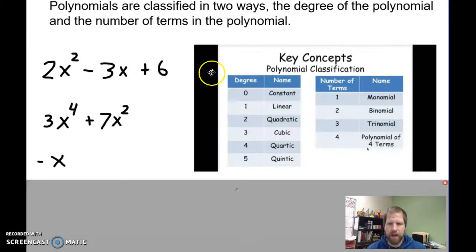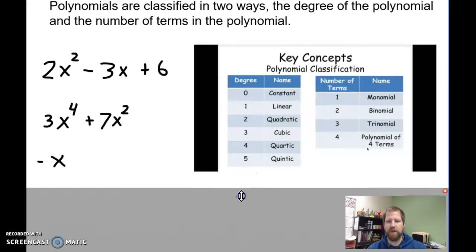Okay? And there is some different vocabulary that we are going to use. A lot of it you have probably heard before, but we do want to make sure we know how it's associated with polynomial classification. So our 0 degree, which would be just a number with no variable, is going to be a constant.